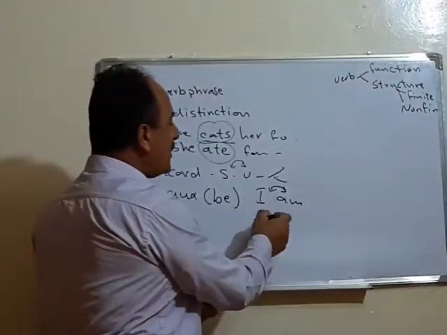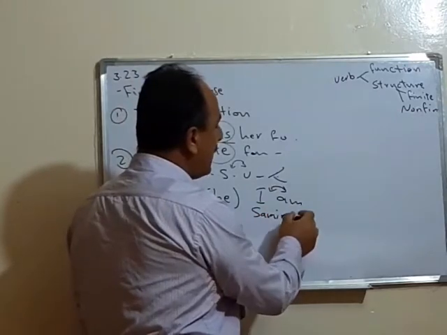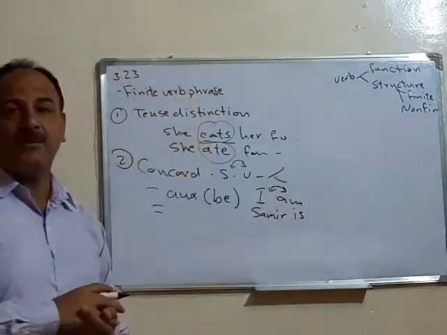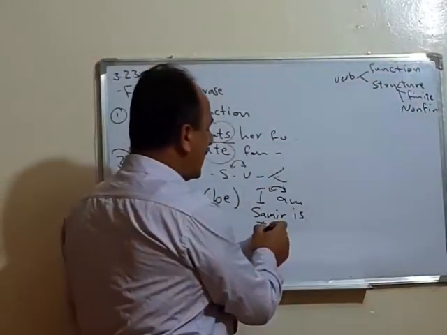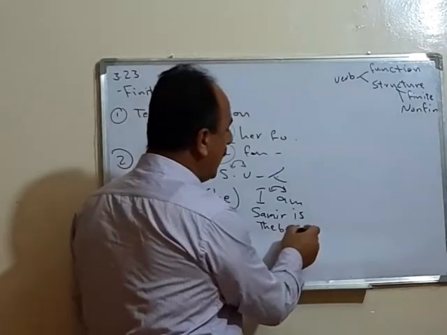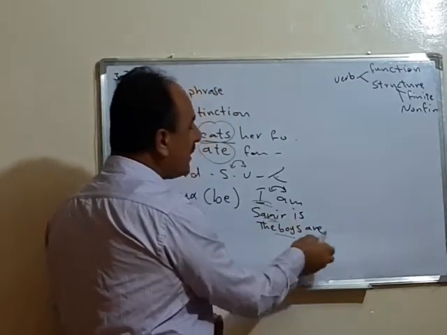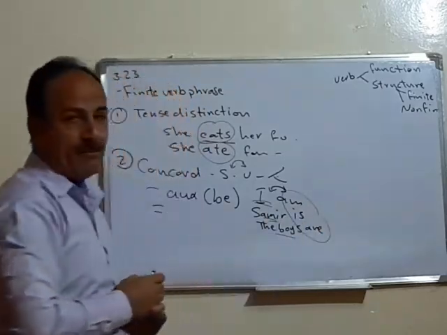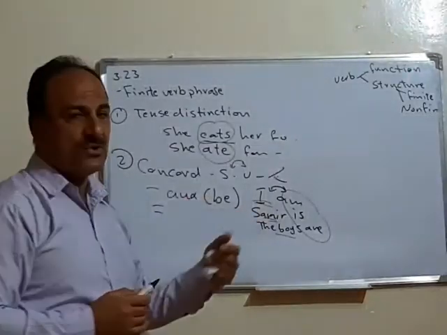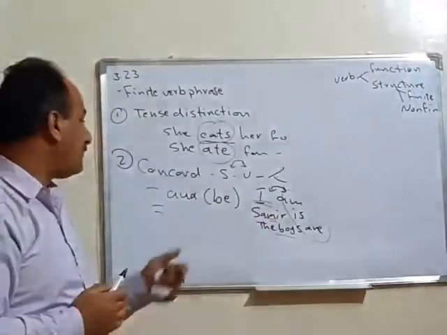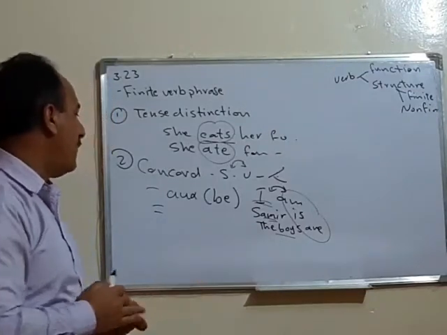If we change it to, for example, Samer, then we have to say "Samer is", and we do not keep it am. And if we say the boys or the girls, we have to say "are". Whenever we change the subject, we have to change the verb. This is of course in the present. In the past, we change it into was and were. As we said, the first case is very clear with the verb be.